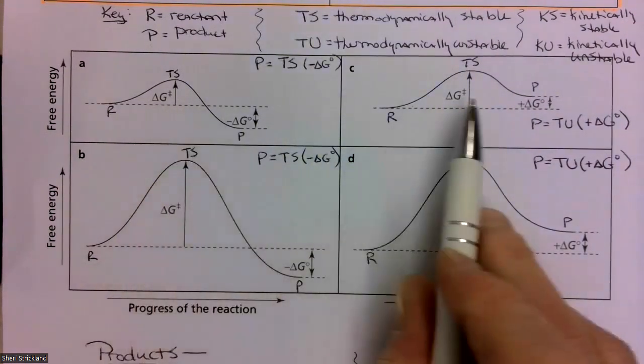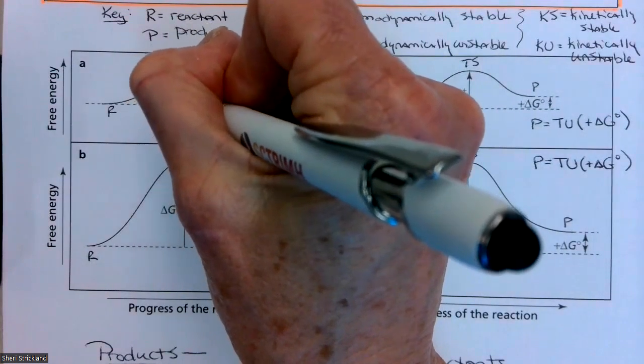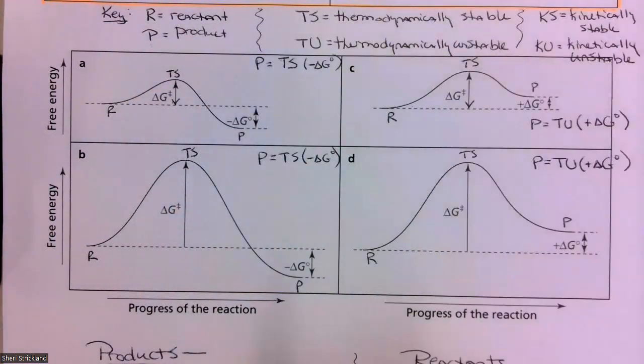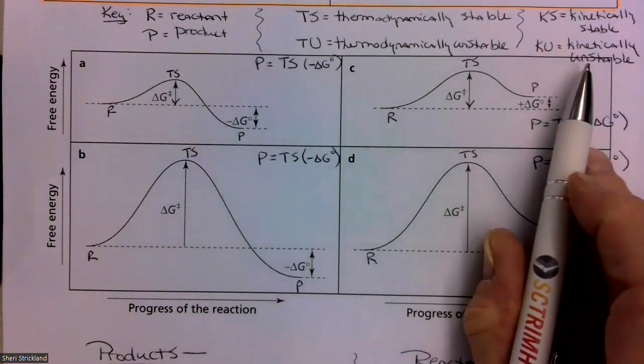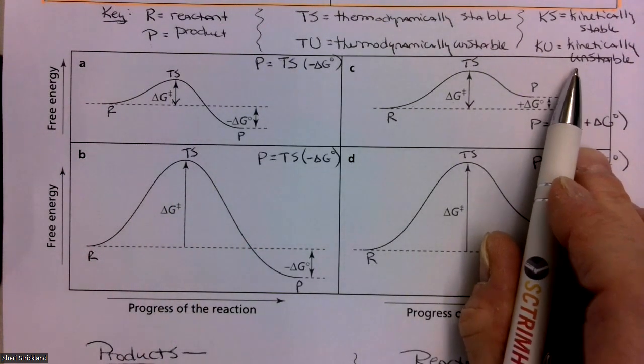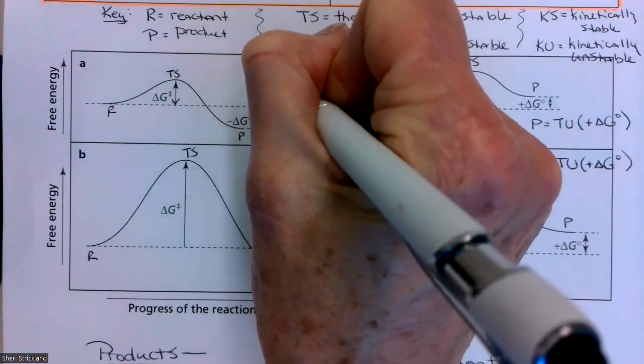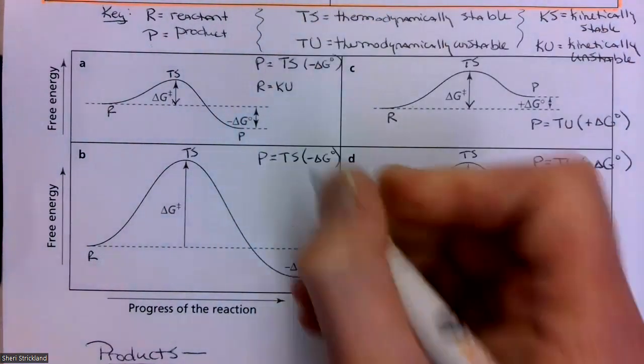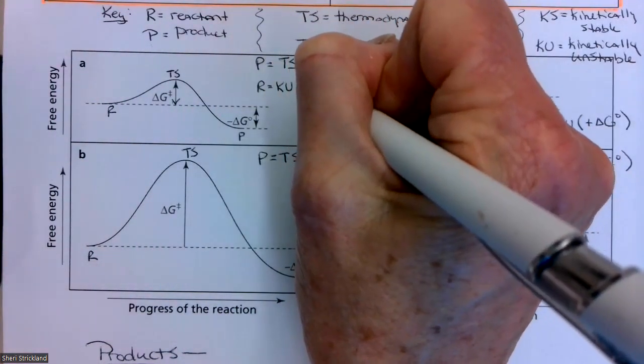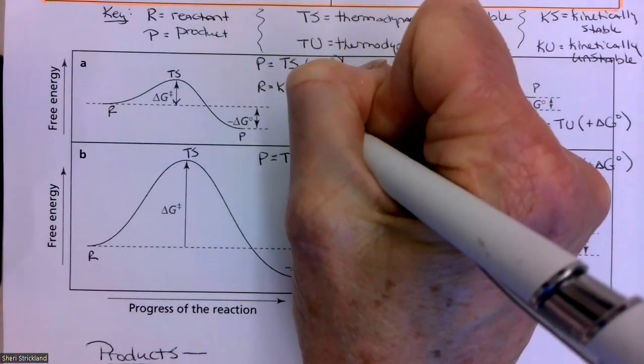Okay, so these two have free energy of activation values that are relatively small. So when it's relatively small, we're talking about kinetically unstable. So the reactant is kinetically unstable because we've got a small value of this energy hill.